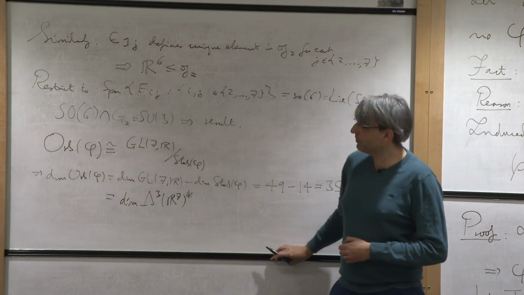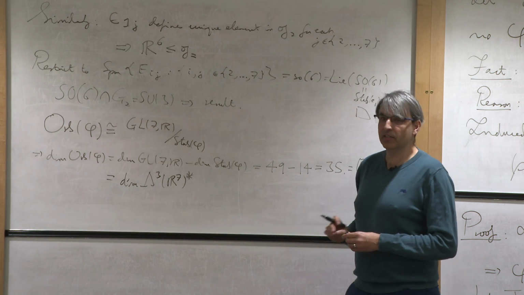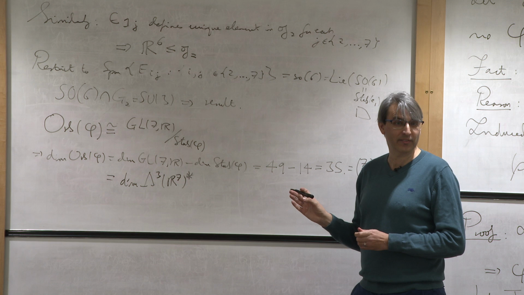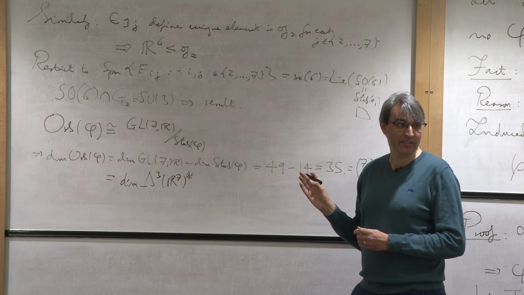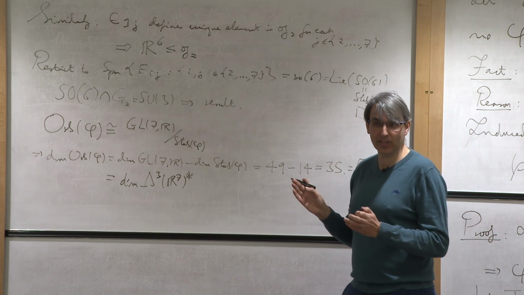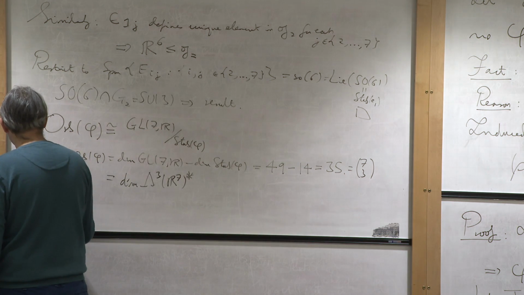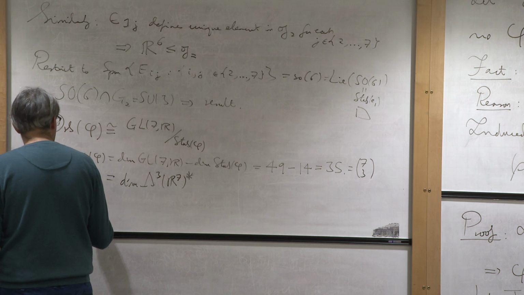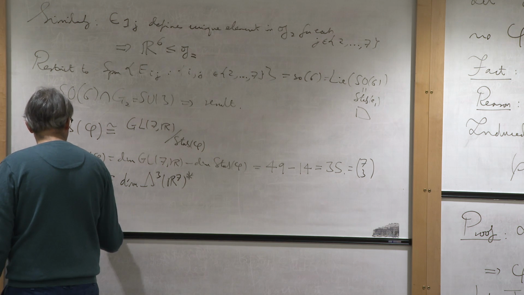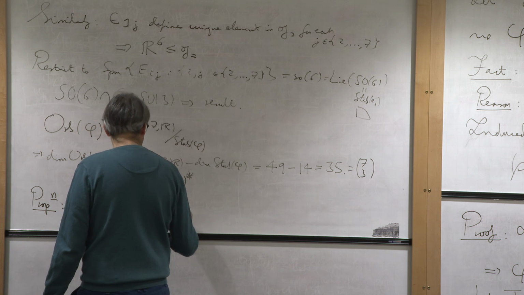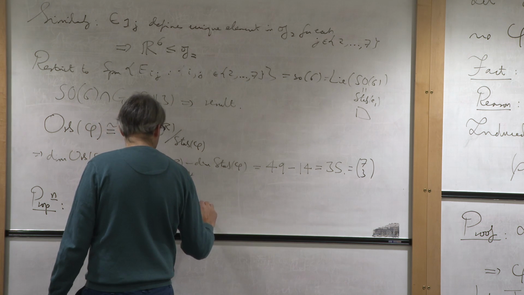So the orbit has a chance of being an open set in this vector space, since it has the same dimension. There's a good shot that it's actually an open set, and that's actually true. This is a proposition that I won't prove, but it's true that the orbit of phi is open in lambda 3 R7 star.